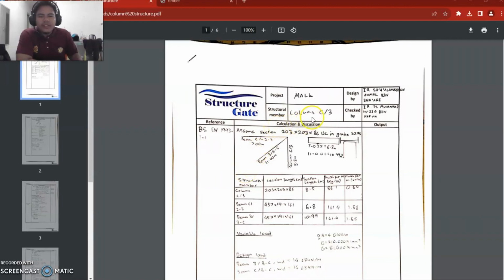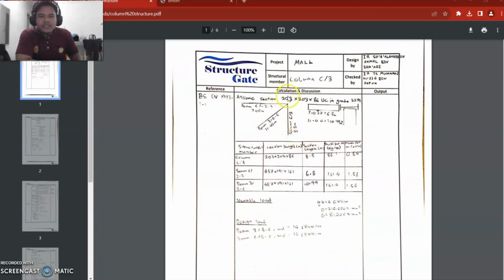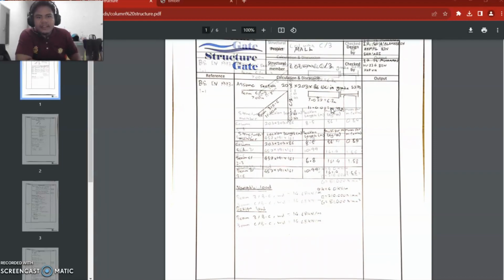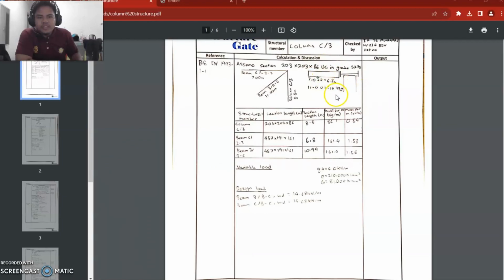For column, which is C/3 designed by me, is assume size 203 and 86 in grade S275. This is the position. Then this is from above.